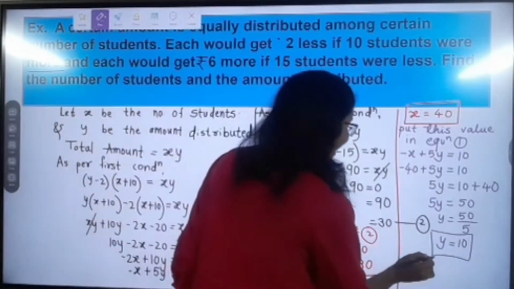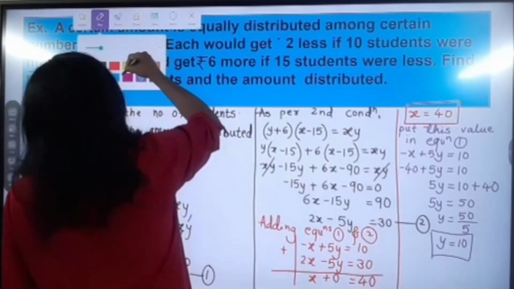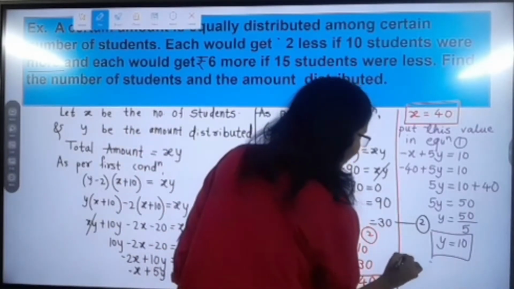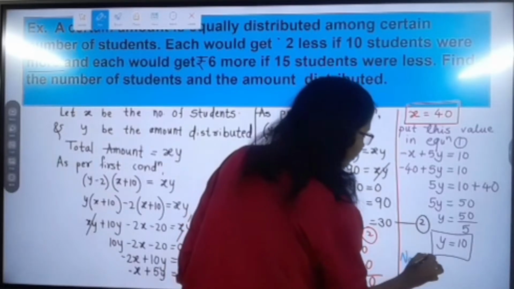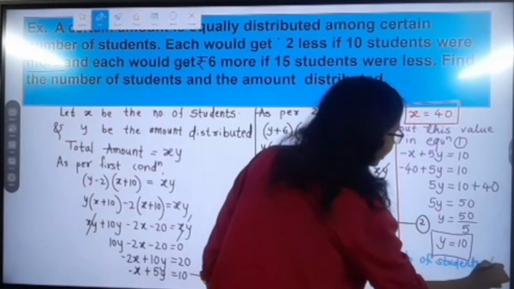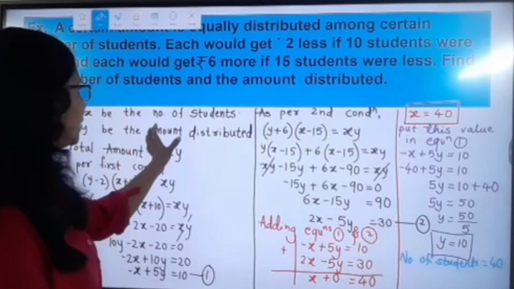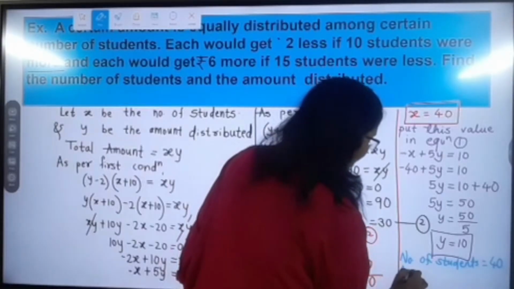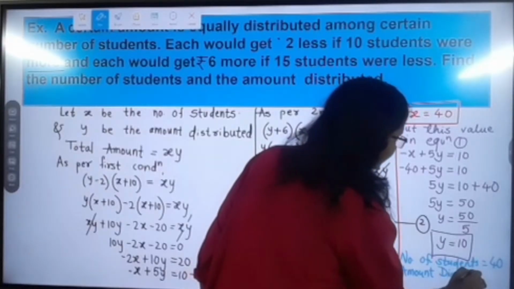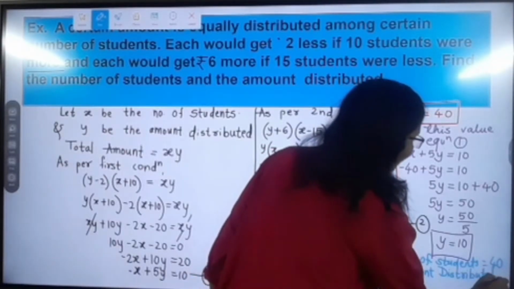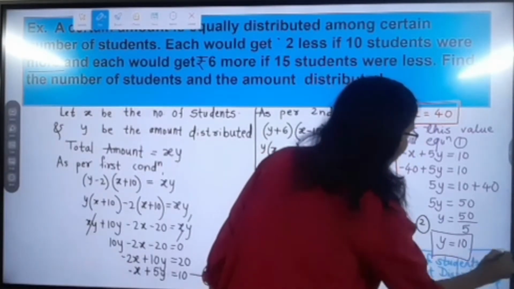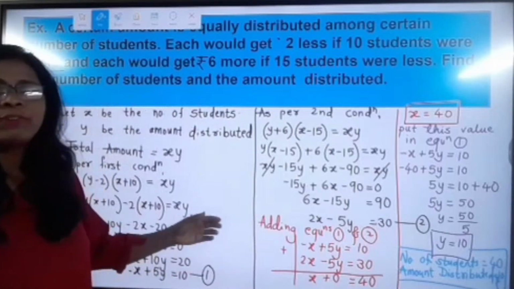At the last, we write down: number of students is equal to 40, and amount distributed is equal to rupees 10. Okay students, so this is our final answer.